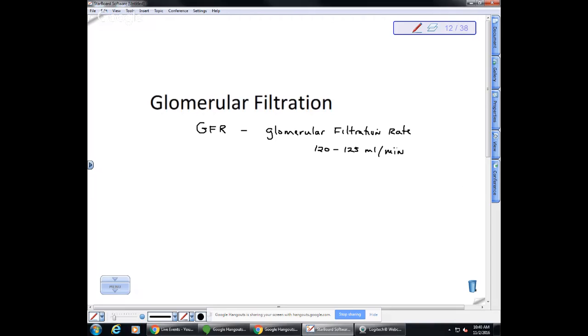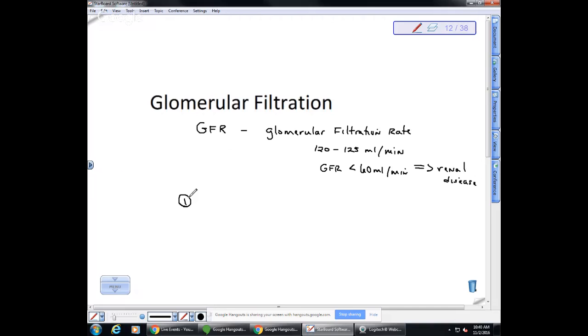If you have renal disease, if your GFR is less than 60 milliliters per minute, then this means that you have renal disease.